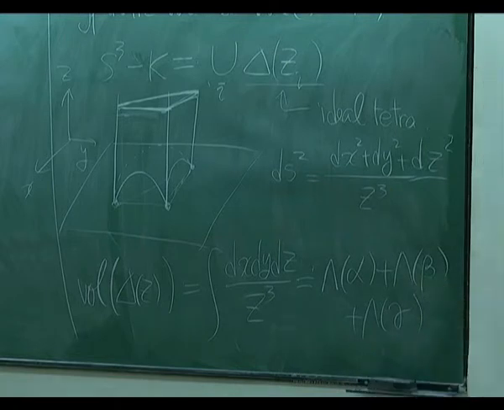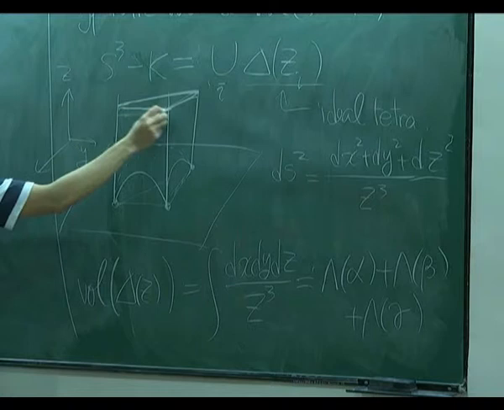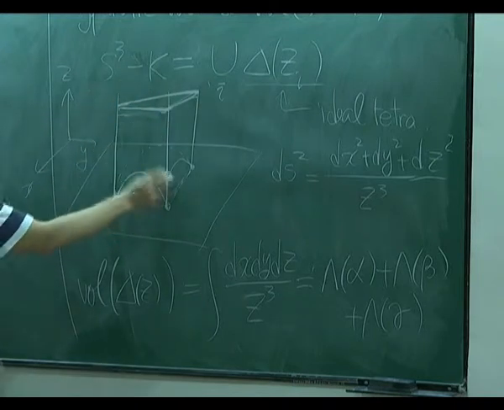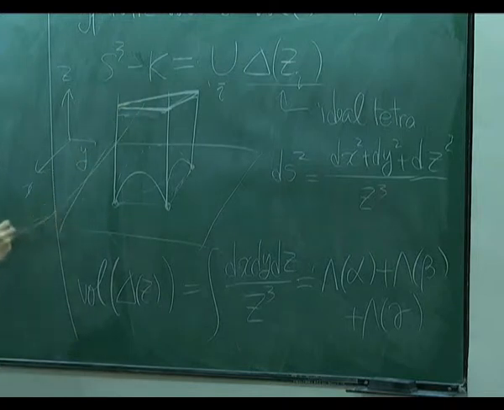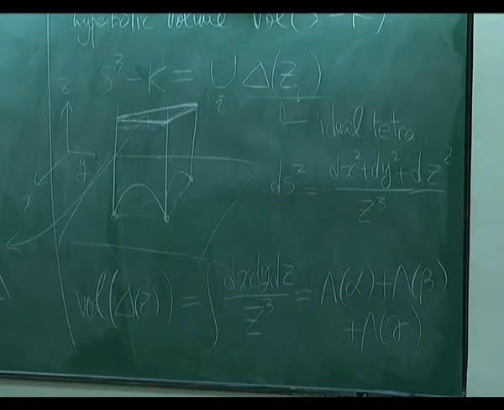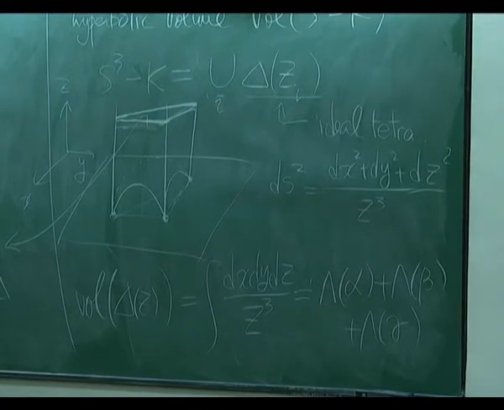And here, alpha, beta, gamma are the dihedral angles of this triangle. The volume only depends on the dihedral angles, and the sum of alpha, beta, gamma is just pi.